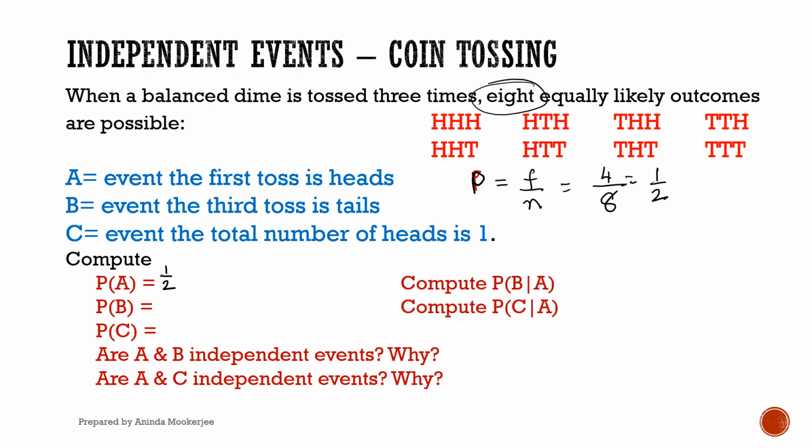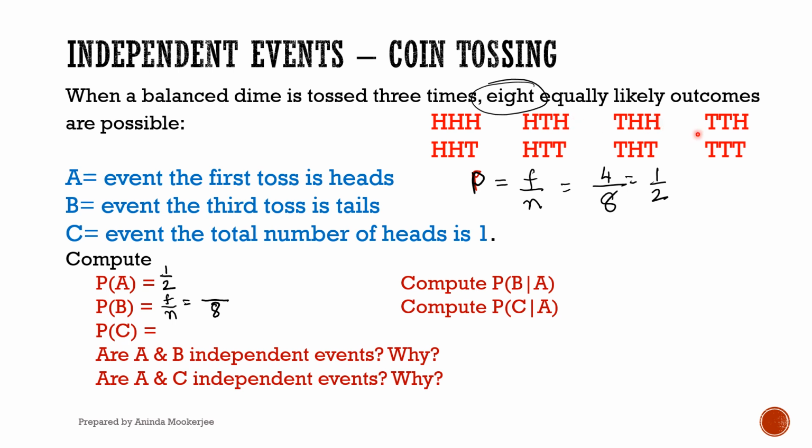What about probability of B? So let's go back and read what probability of B is. The third toss is tails. Again, it's the F over N rule. N is going to be 8. So we have to find how many ways we can have tails in the third toss. So there's no tails here. This one doesn't have a tail in the third toss.